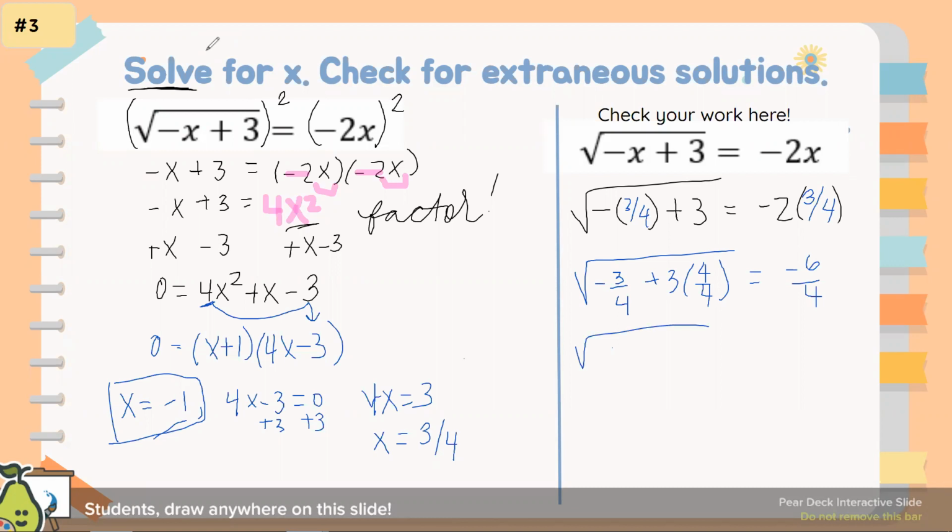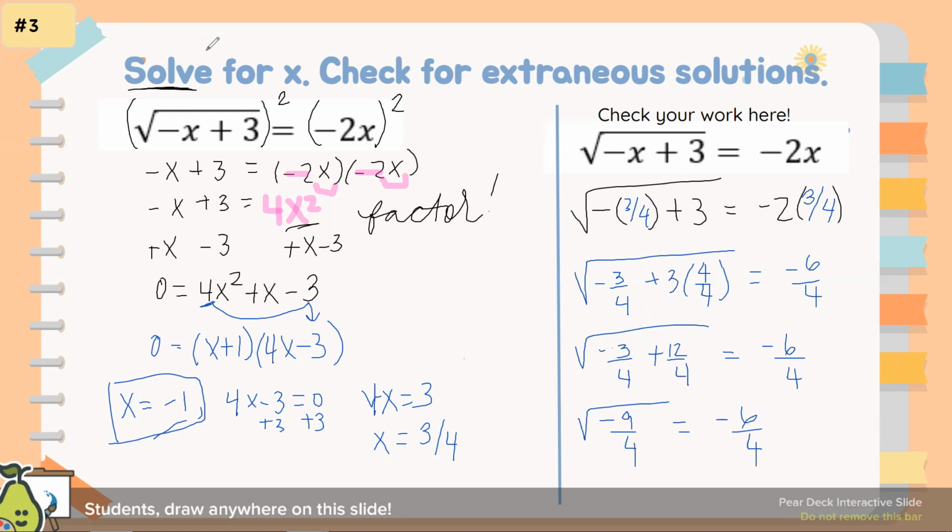Is the square root of -3/4 plus 12/4 equal to -6/4? This is the square root of 9/4. Is that equal to -6/4?